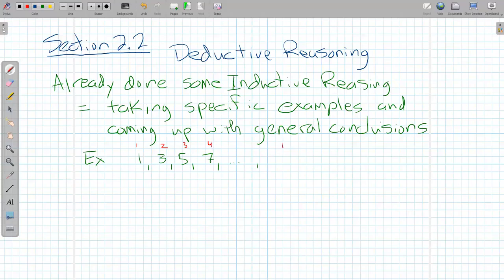So any n down the road, where n could be 4 or 100 or 1,000,000, the answer should be 2 times the position n, minus 1. So I took a few specific examples and I formed a general conclusion. That's an example of inductive reasoning that we've done.